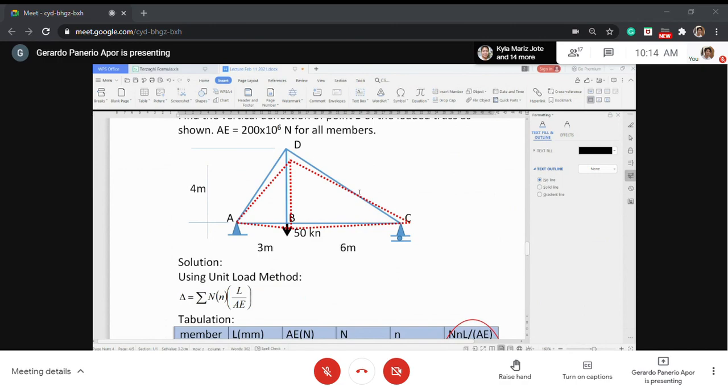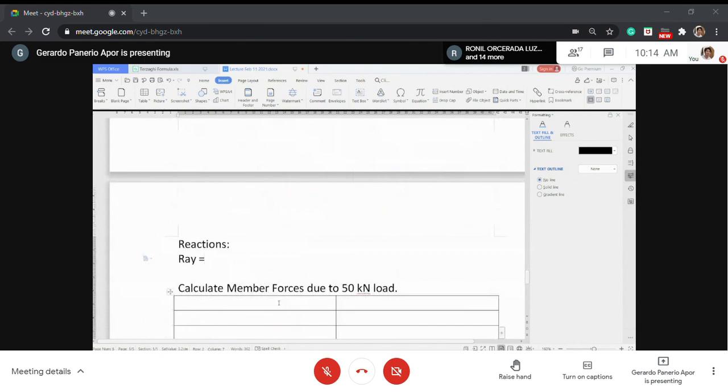That's 33.33. That's 100 divided by 3 kilonewton. And RCY is equal to 200 divided by 3 kilonewton.